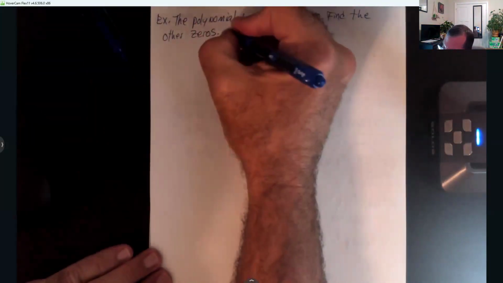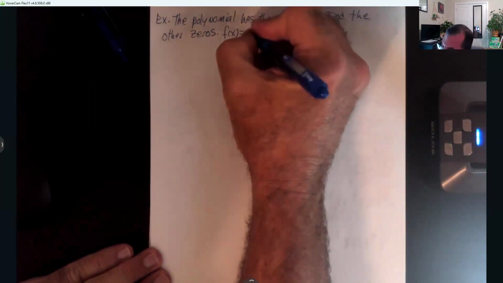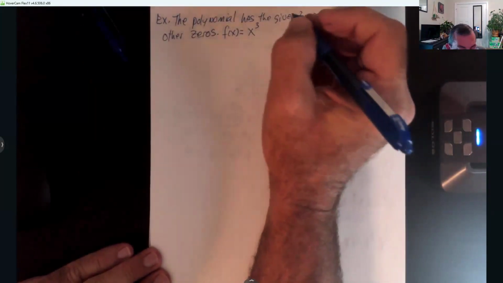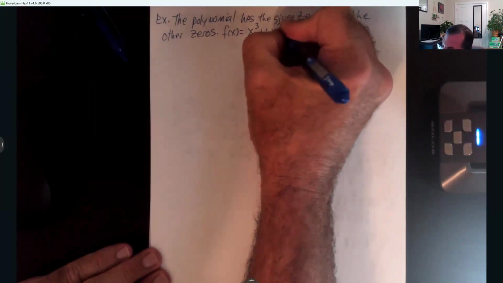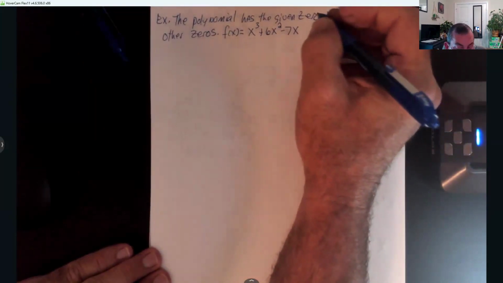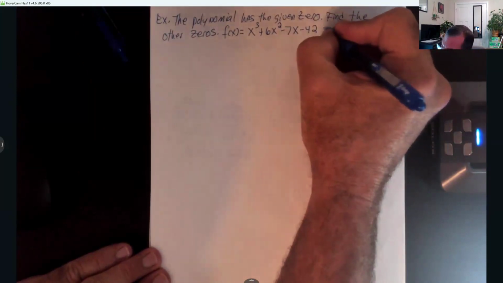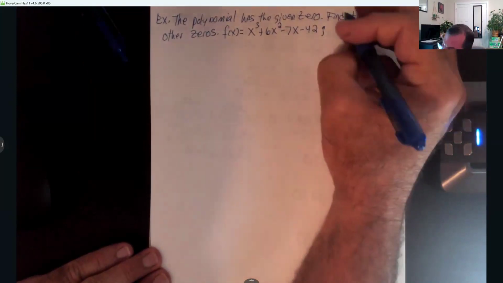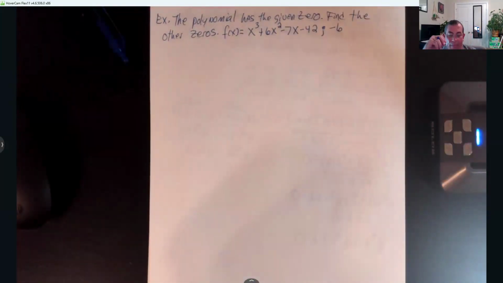All right, y'all, so they're giving us f of x equals x to the 3rd plus 6x squared minus 7x minus 42. And y'all, they're giving me a semicolon. The zero they're giving me is negative 6.